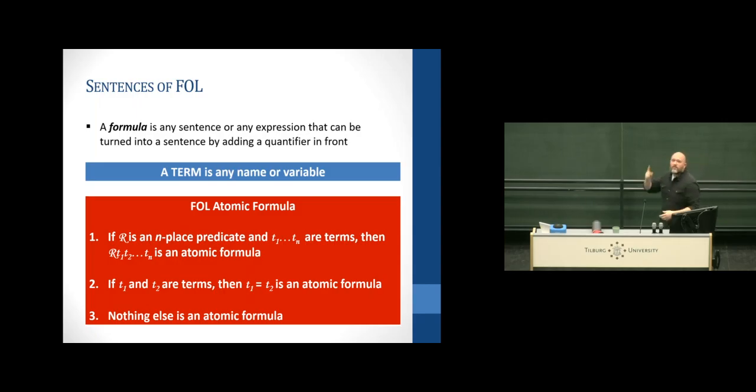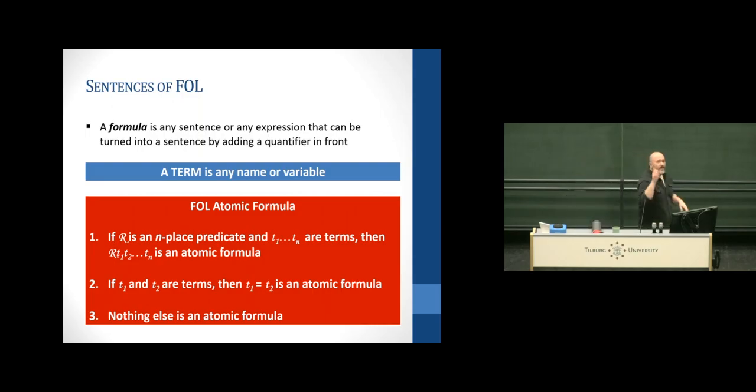So if it's a 1-place predicate, is a spy, then it's that predicate plus a term. Bang, you've got an atomic formula. Could be even an atomic sentence. It's an atomic sentence if it's a predicate and a name. So if it says Igmar is a spy, so S-I, for example, in the examples we've used a few times in the tutorials, that's an atomic formula, but it's also a full-fledged sentence.